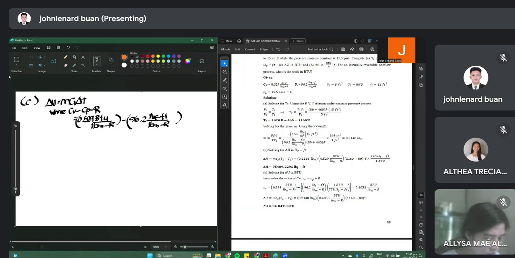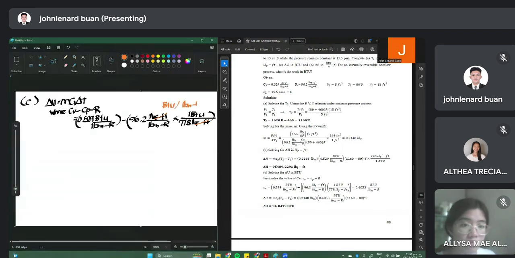Kailangan natin i-convert yung pound force feet into BTU, so divide by 778 pound force feet per 1 BTU. Ang unit nito ay BTU per pound mass Rankine.